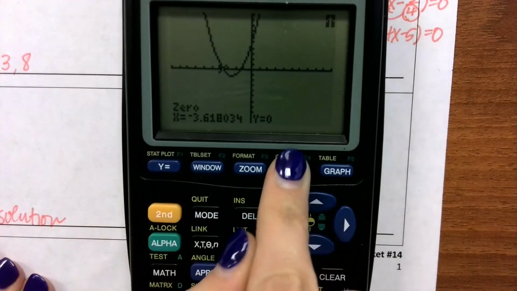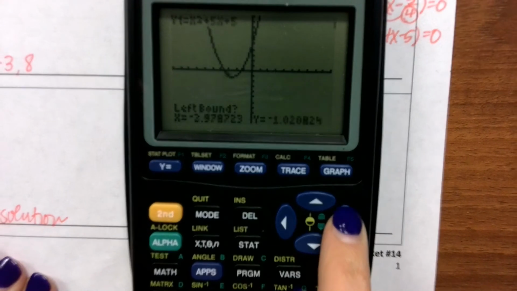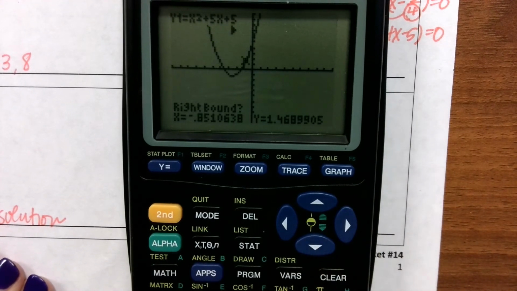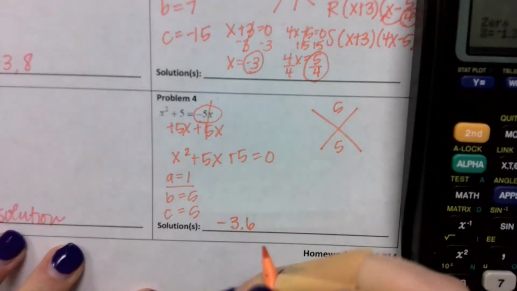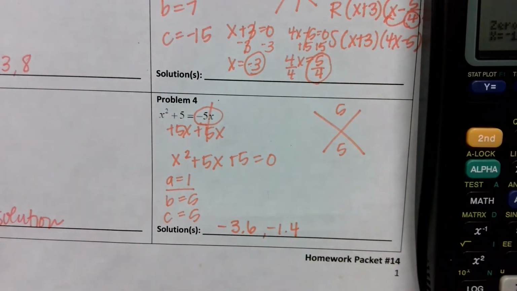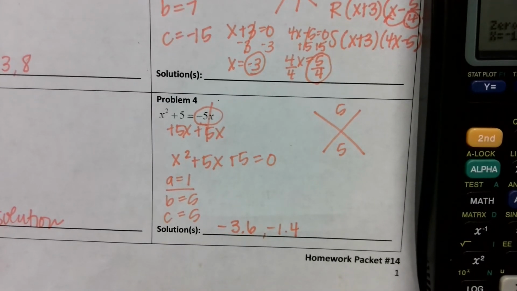Second, calculate 0. Is your calculator even on? Don't work. It doesn't? No. Are there enough letters in it? Yeah. The other one is negative 1.4. Can I go get one out of Miss G's suitcase?